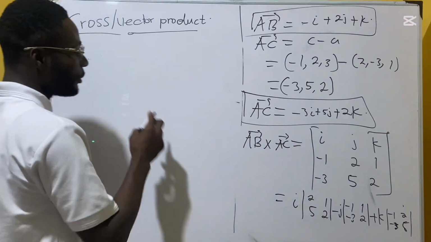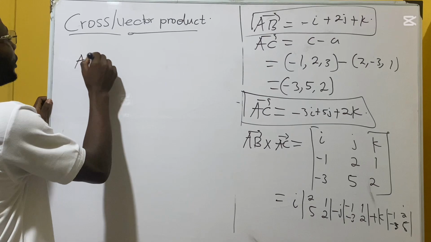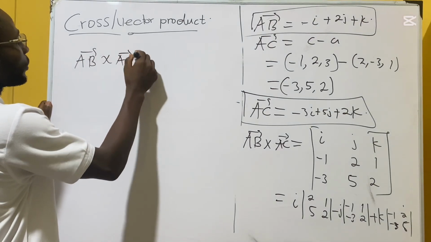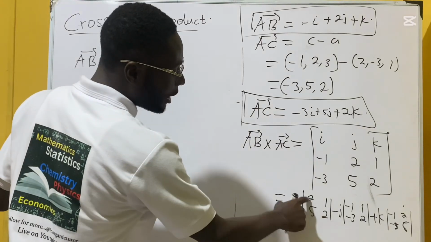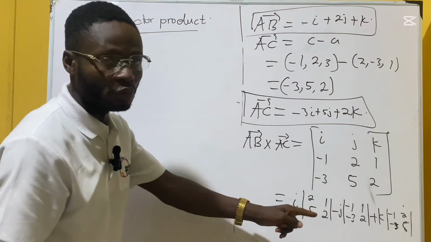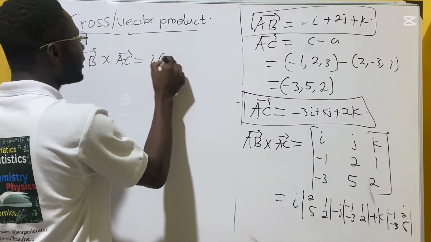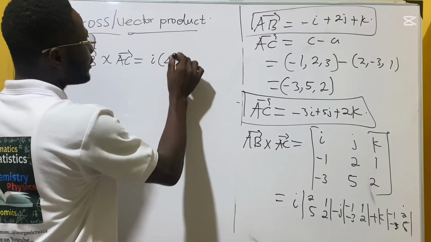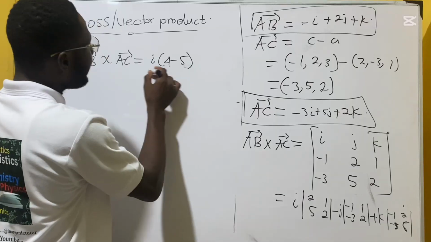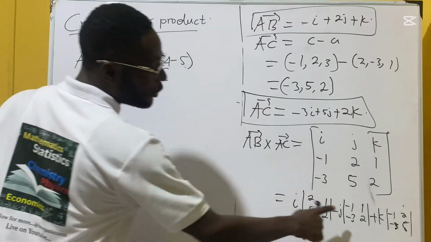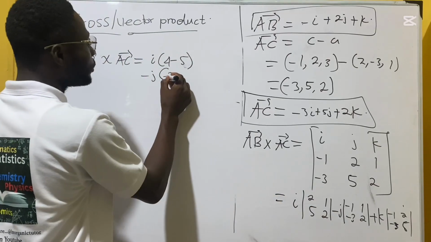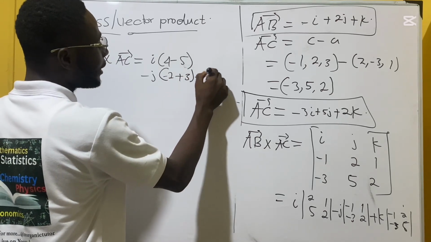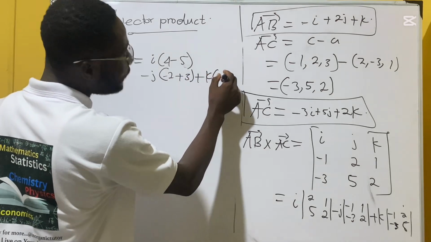So position vector AB cross position vector AC will be equal to i into 4 minus 5, right? Then minus j into negative 2 plus 3, plus k into negative 5 plus 6.